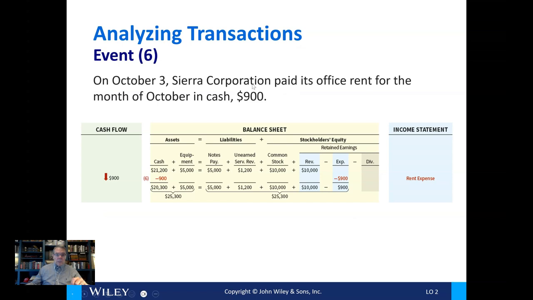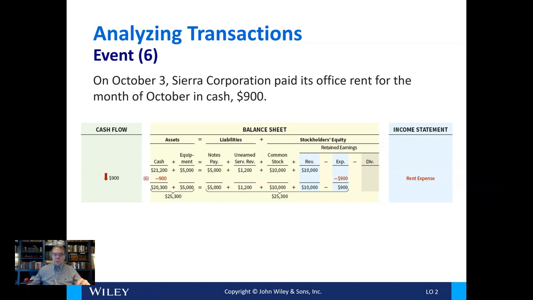Okay, on October 3rd, Sierra paid its office rent for the month of October in cash. This is an expense we owe for rent for October. And normally you expense things at the end of the month after you used it, but since it really doesn't matter inter-month, you're going to go ahead and expense it. So that's an expense, and that reduces retained earnings.